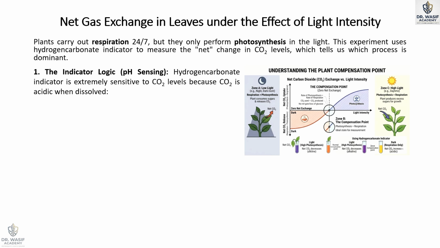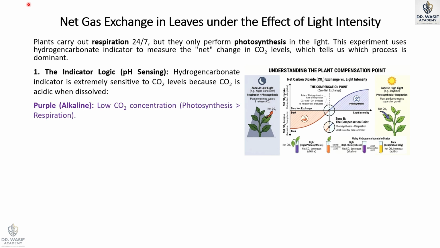This indicator is incredibly sensitive to carbon dioxide because when carbon dioxide dissolves in water, it becomes acidic. So by looking at the color of the liquid, we can tell exactly what the plant is doing.